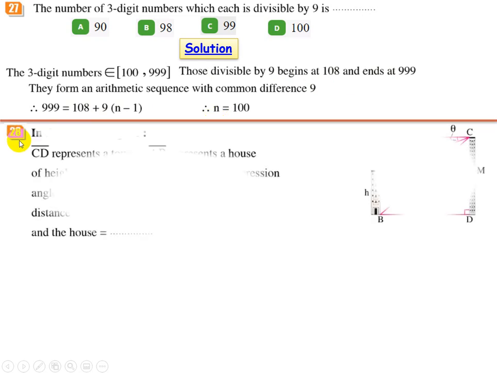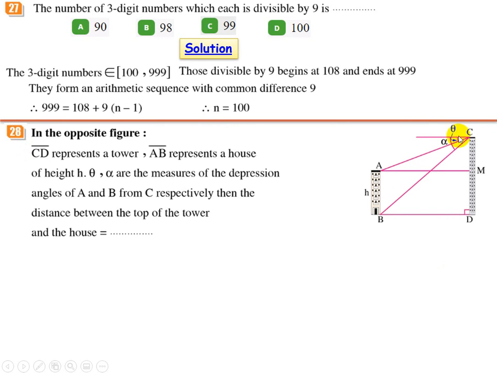Number 28. The opposite figure, CD represents a tower, AB represents a house of height h. Theta and alpha are measures of depression angles of A and B from C, respectively. Then the distance between the top of the tower and the house equals.